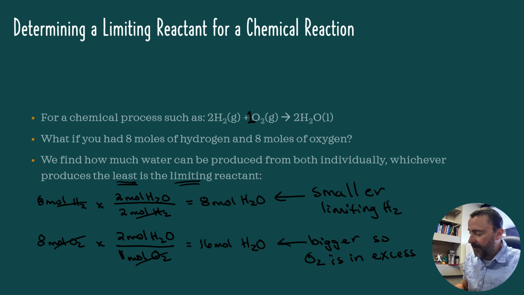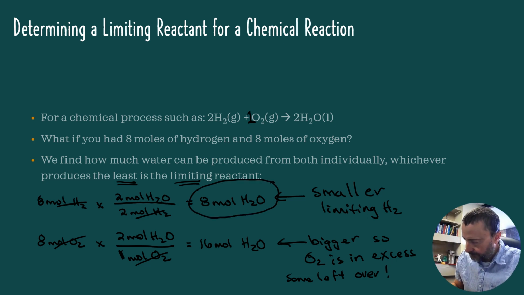There will be some left over once our reaction takes place. That's the amount that we could make, and it's only the amount from the limiting reactant. We're not going to be able to make that 16 moles.